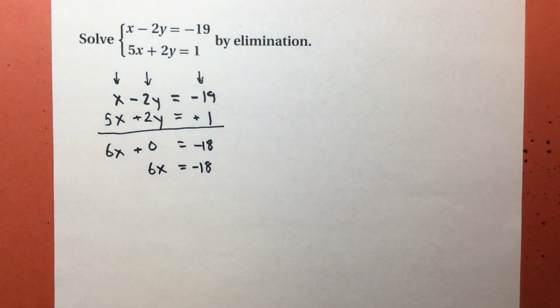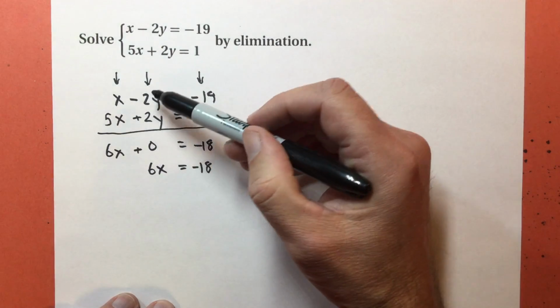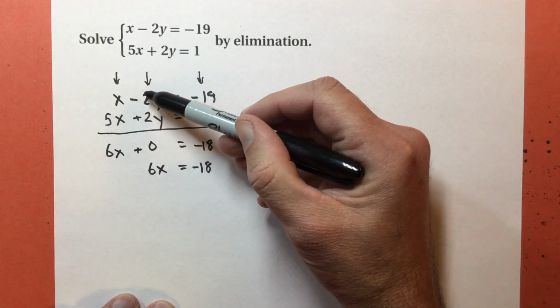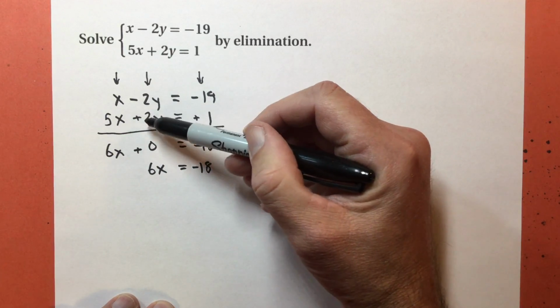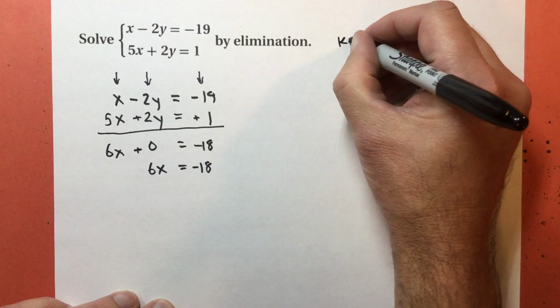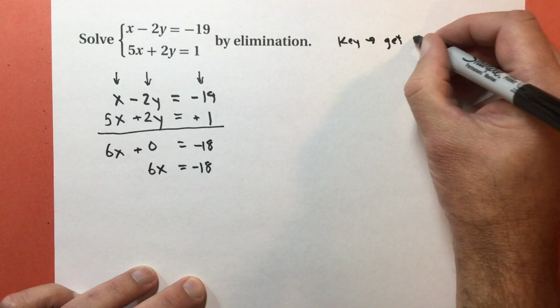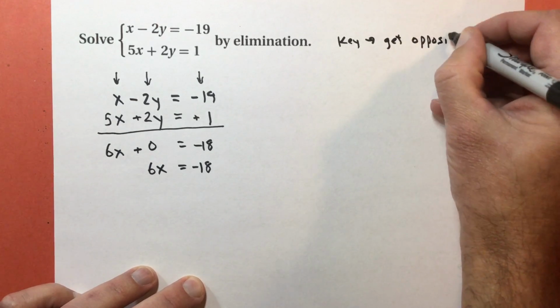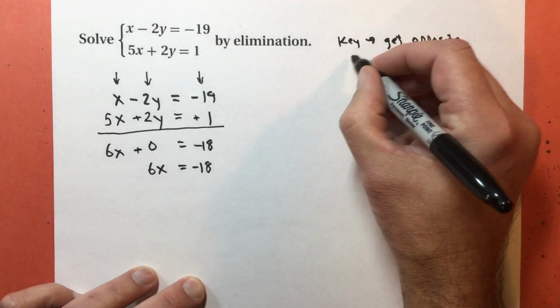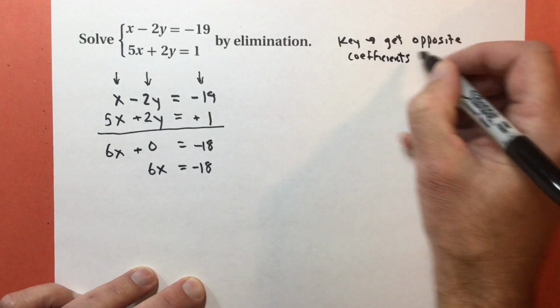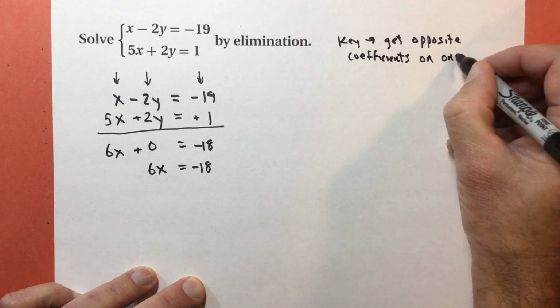So the key for all of these problems is to get the coefficients, which are the numbers in front of one of the variables, in one equation and the other equation to be opposite. So I'm going to write that down. The key, the main idea, is to get opposite coefficients, so one's positive and one's negative, on one of the variables.